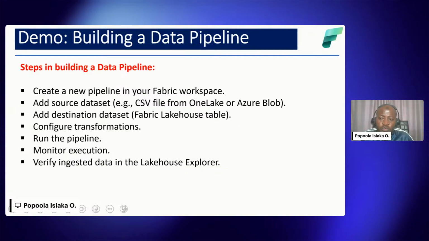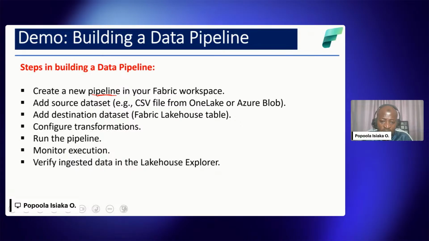All right. So what are the steps in building a data pipeline? Number one is that you need to create a pipeline. A pipeline is just a kind of experience, a kind of activities, that is within the Fabric workspace. When you create a pipeline, you also need to add your source data set.